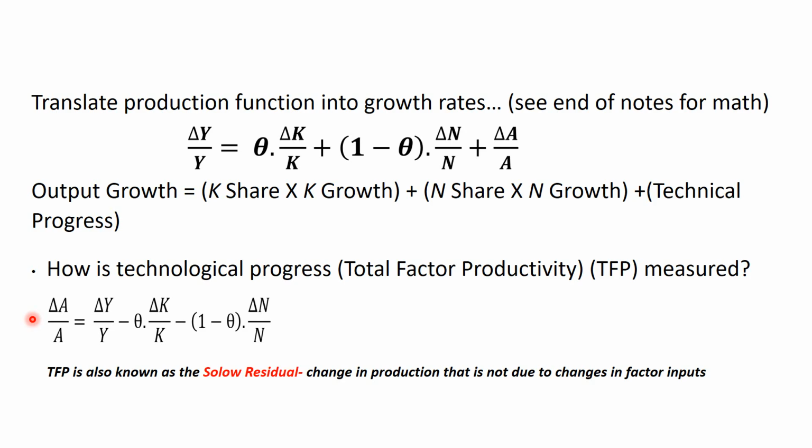And what it's suggesting is that technological progress, the measure of total factor productivity, can be obtained if you know what the economic growth rate is, and if from that you subtract the contribution to total output growth made by capital stock overall, and the contribution to output growth made by changes in the labor stock and the population size. Okay, so essentially, total factor productivity or technological progress is the change in production which takes place, which is not due to changes in factor input quantities.